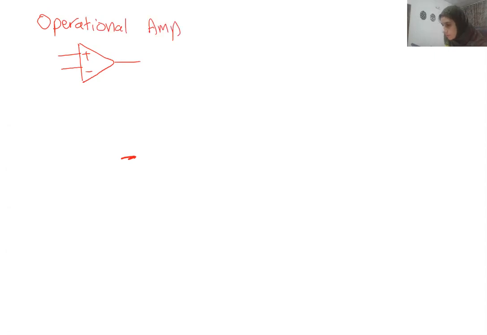So the op-amp has this symbol. This is the operational amplifier, and this is chapter 8. Okay, so for the operational amplifier, we typically have this symbol.